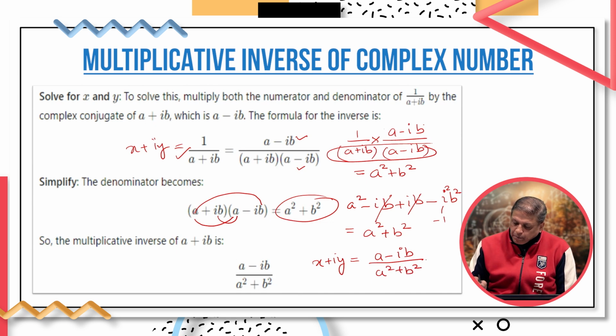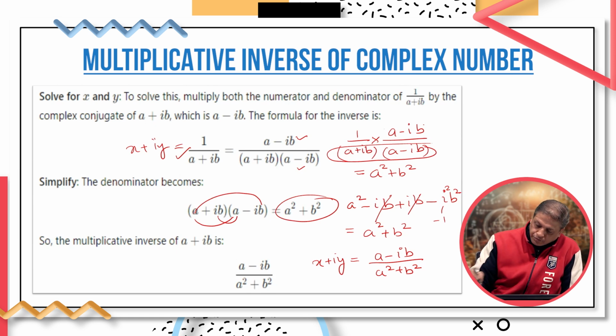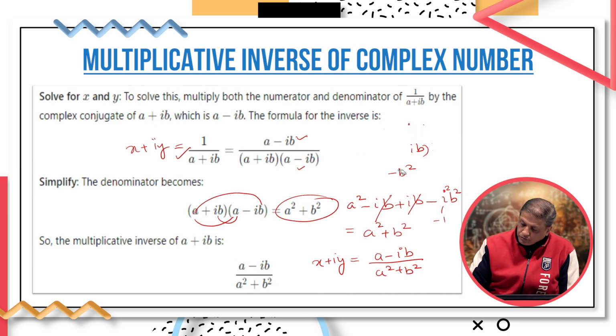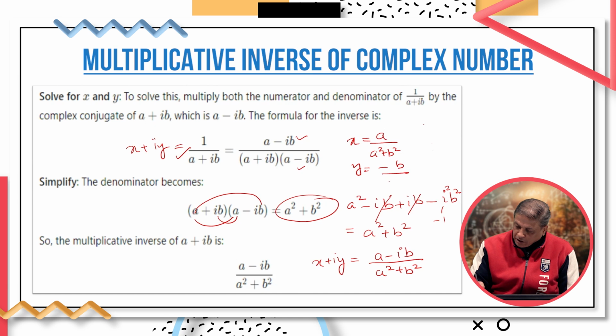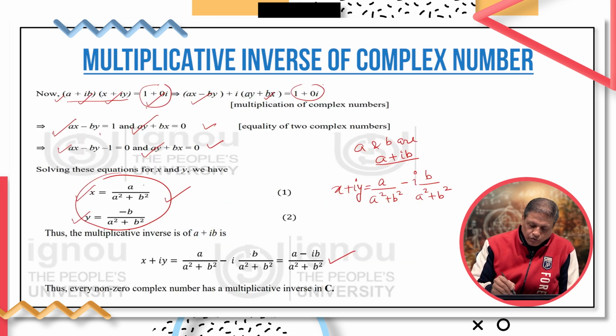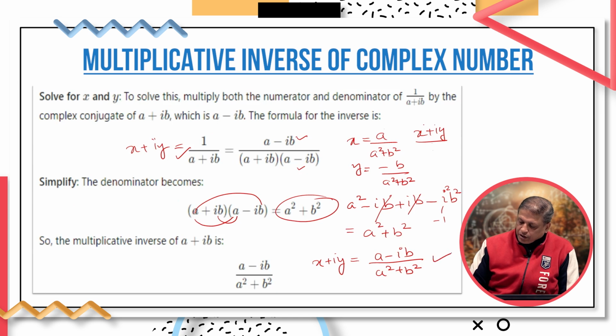Separating the real and imaginary part, you will find that x is equal to a upon a square plus b square and y is equal to minus of b upon a square plus b square. And that means x plus iy is our multiplicative inverse. X was a upon a square plus b square and y was minus b upon a square plus b square. Same solution we achieved over here.